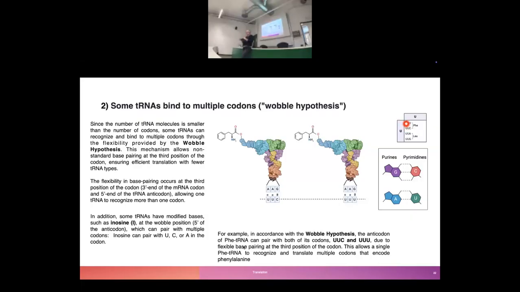You see, here is phenylalanine, here is leucine.